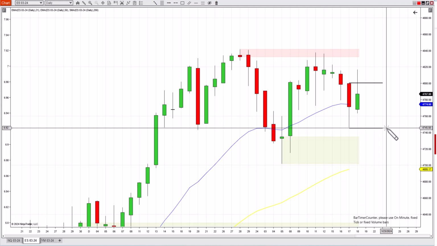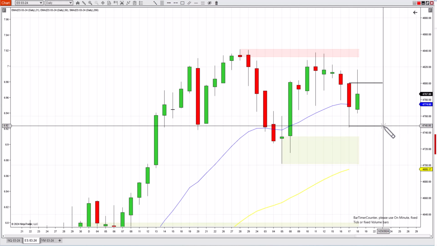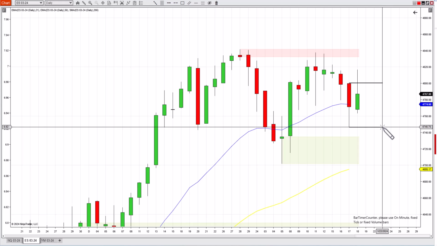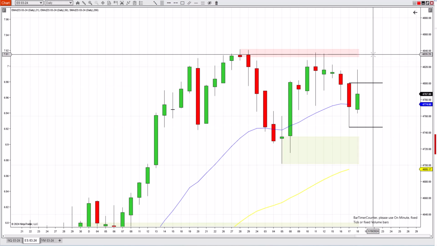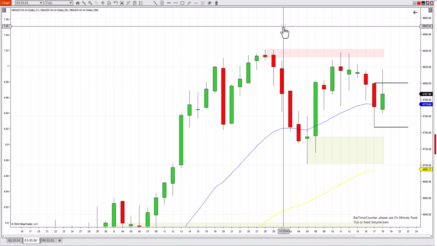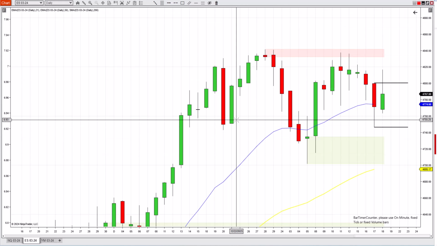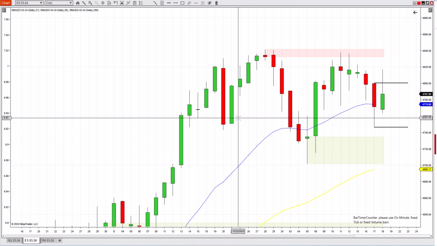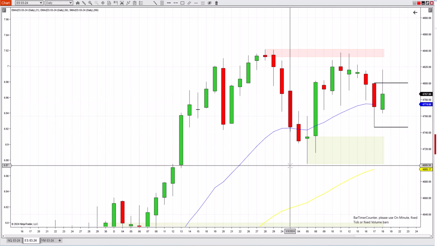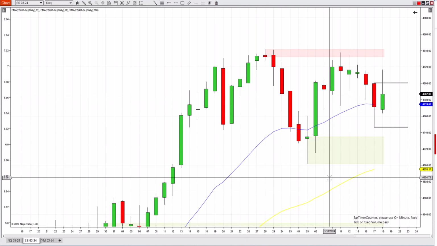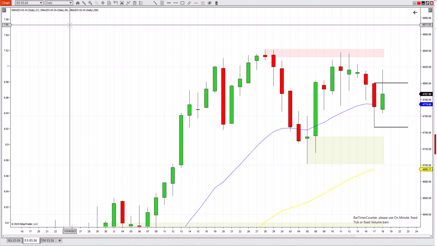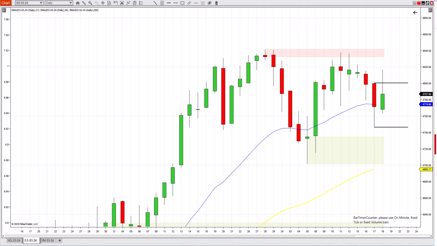This is the low, right here. Once you do that on the daily, you're done with the daily. That's all you needed to do. Now you need to go to your entry chart or some other time frame that will show you more candles and more of what's happening currently. That is what we're going to do now.